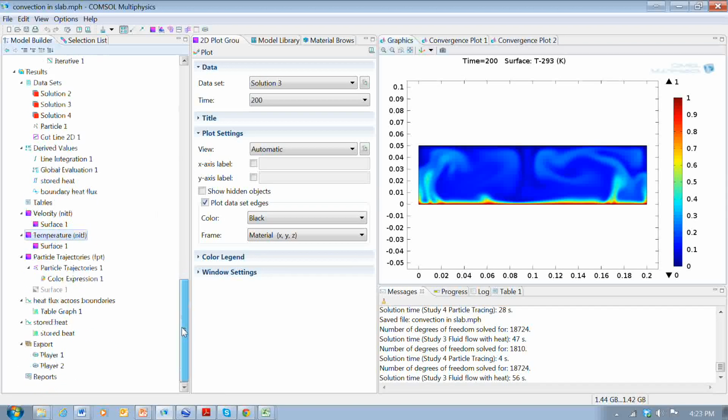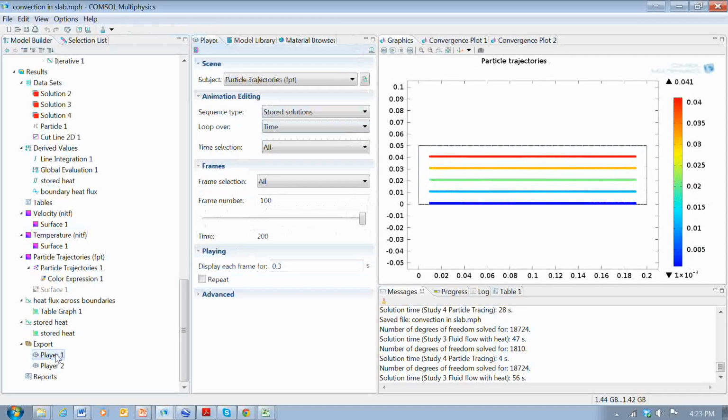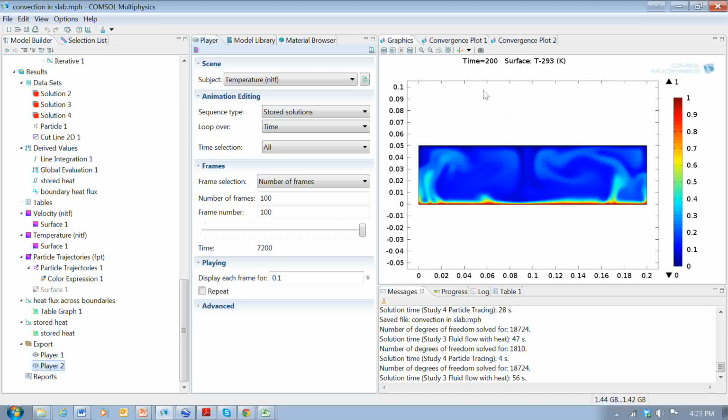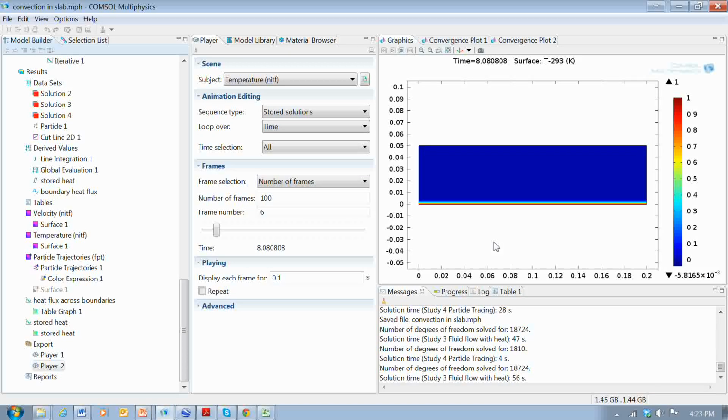But in general, what we saw was this was a very dynamic, very transient type of system. And so it was constantly changing during the simulation.